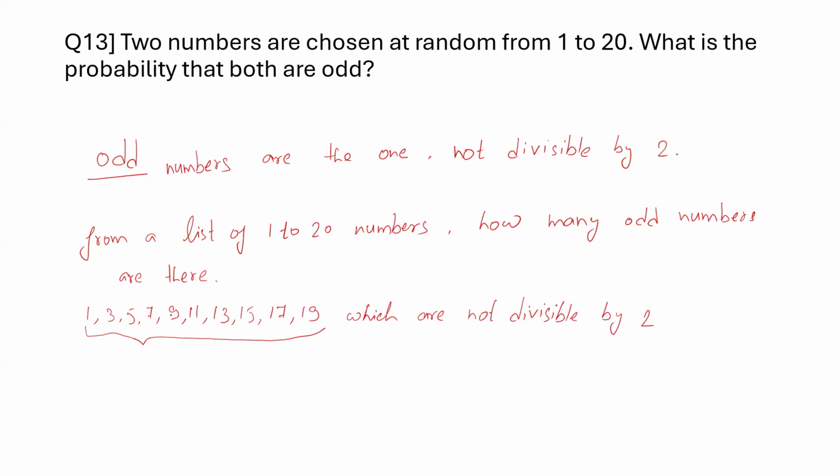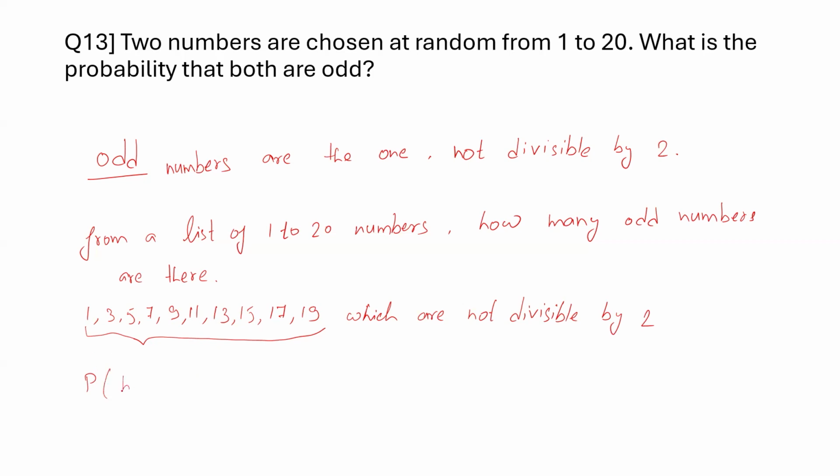How many numbers are there? 1, 2, 3, 4, 5, 6, 7, 8, 9, 10. Oh, you are picking two numbers and both should be odd, right?